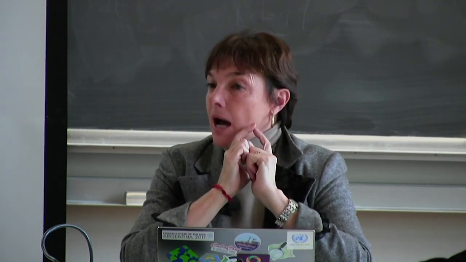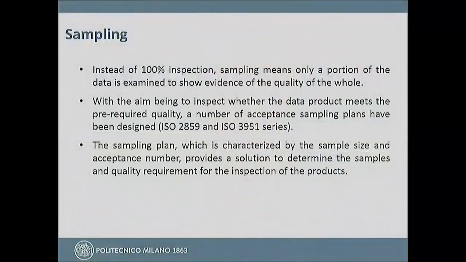We already spoke about sampling the field. Sampling the field means taking some samples here and there for two reasons. You can take samples for creating the thematic map, describing the field, or you can also sample the field for validating a map that you have already created.